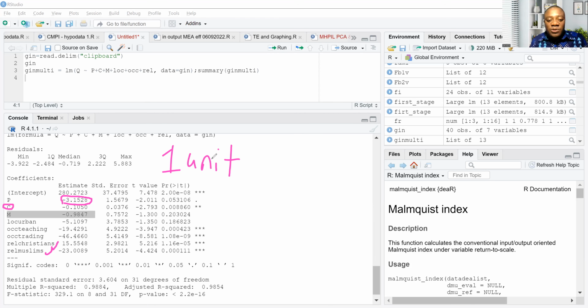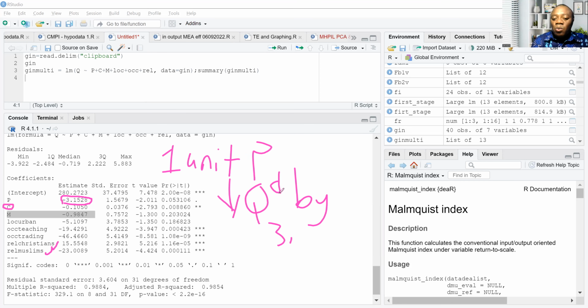So a 1 unit increase in the price, how will it affect the quantity demanded? We said it would decrease quantity demanded by 3.15 units. Units, that's plural.